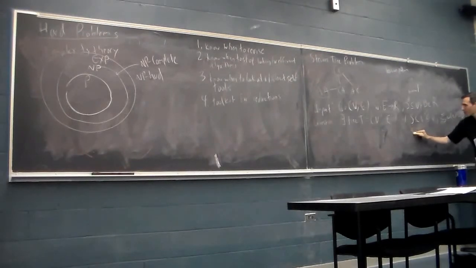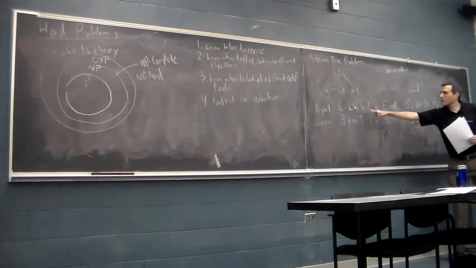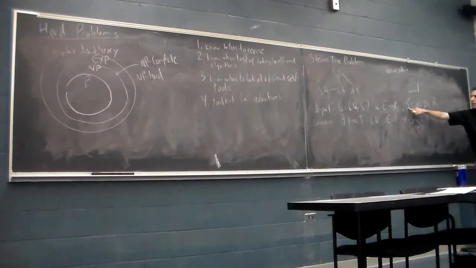And I guess I should also say here E prime is a subset of E. So what this is asking is, is there a tree on our original graph that includes all the vertices in S and optionally other vertices from V, such that the weight of the tree is smaller than the bound?